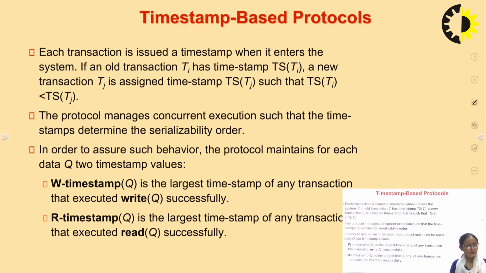In order to assure the serializability behavior, the protocol maintains for each data item Q, not TS corresponding to each transaction, but W-timestamp and R-timestamp corresponding to each data value.